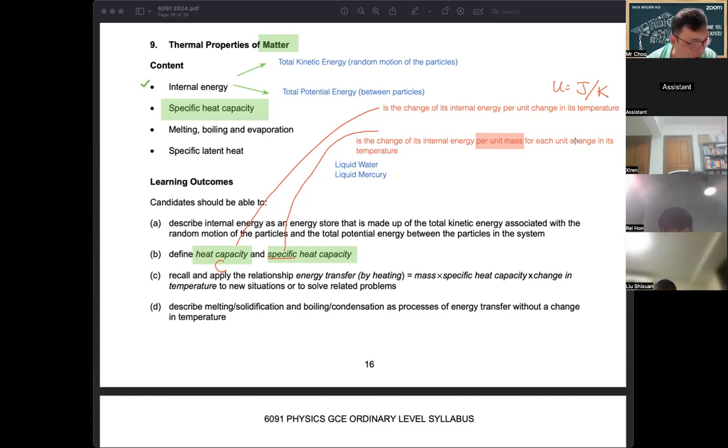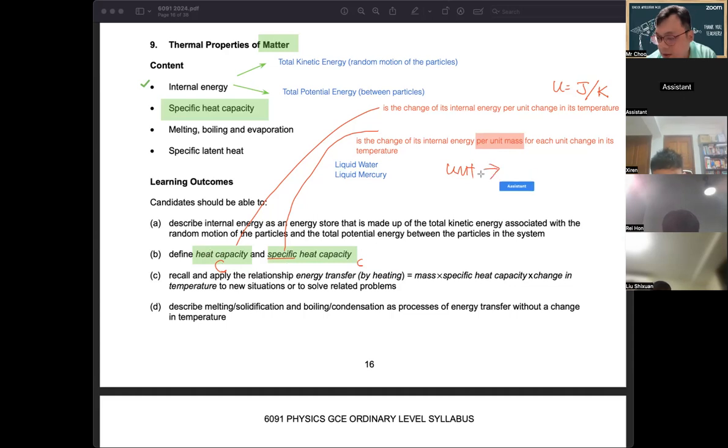So in this case, what is the unit of specific heat capacity? The symbol for specific heat capacity is small c. Heat capacity is capital C. Specific heat capacity is small c. So what's the unit?